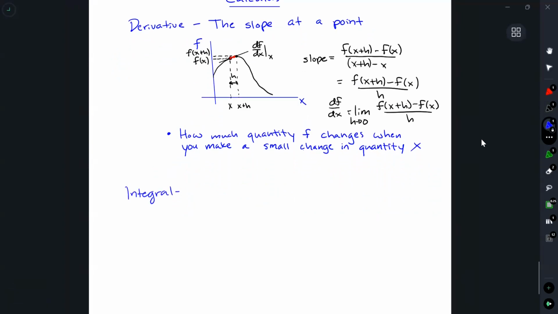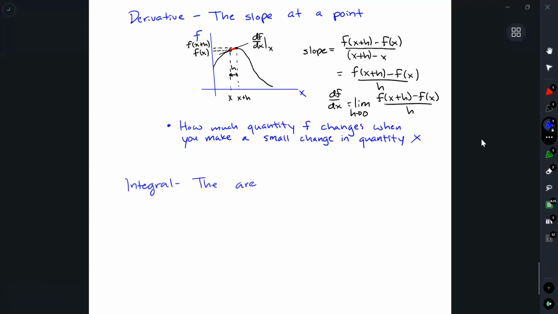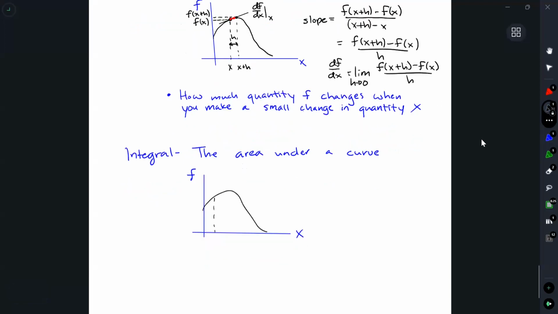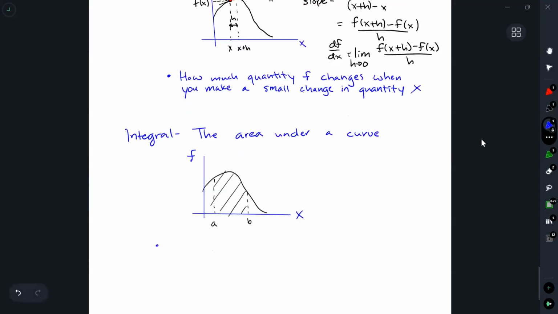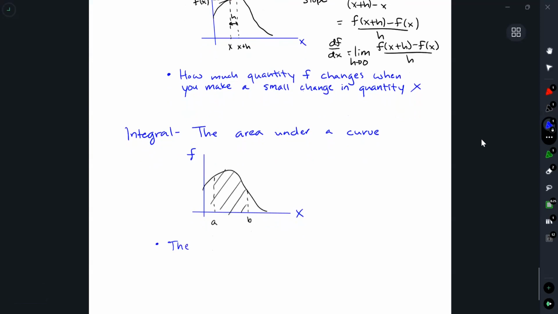Integrals, geometrically, it's the area under a curve. So if I've got my same function f, I want to know the area under the curve between a and b. Let's start with my interpretation of that. So just the sum of many small pieces of something.